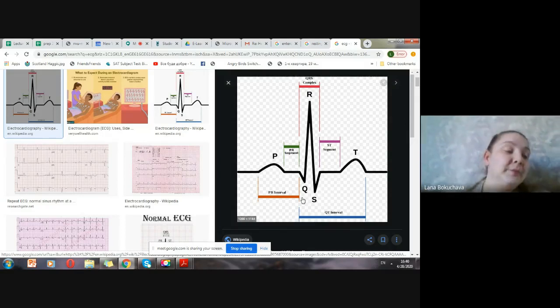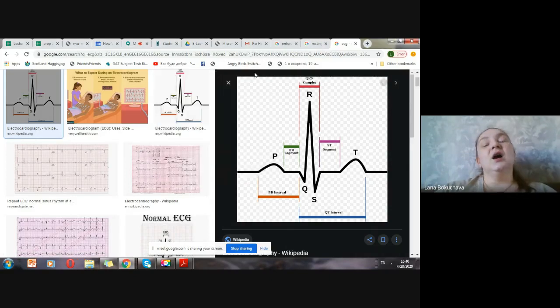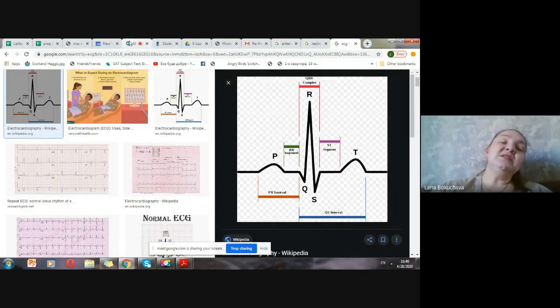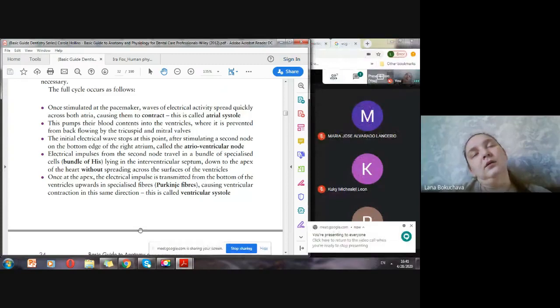A normal heartbeat is approximately 60 to 100, where less than 60 is bradycardia, or a very slow heartbeat, and vice versa. Higher than 100 is tachycardia, a very fast heartbeat. In adult humans, please remember that the normal heart rate is between 60 and 100.